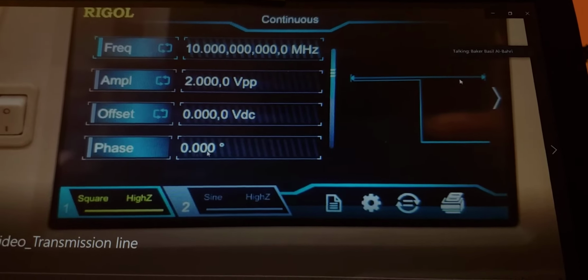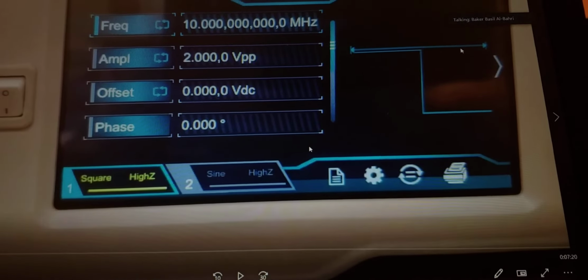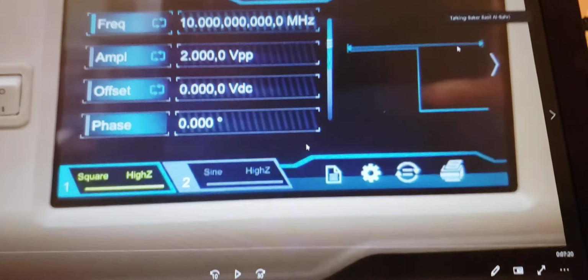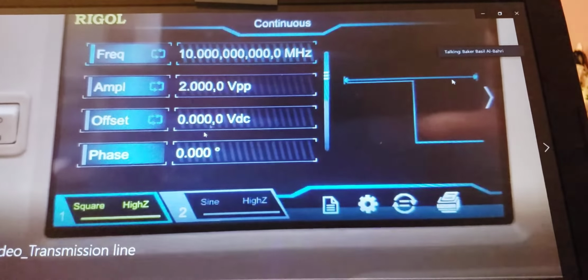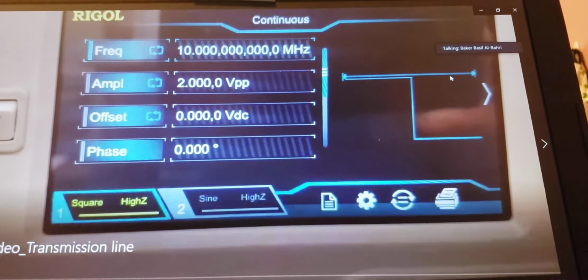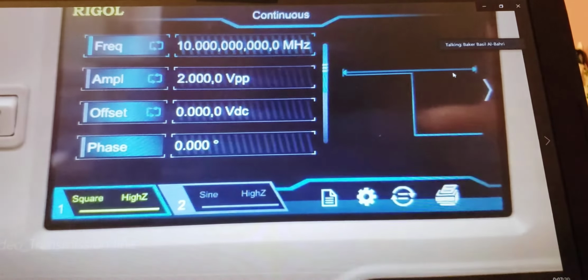We don't need the offset, and you know what offset is? You push the signal up or down, giving a DC level, and the phase you shift left or right. Both are shifting: one up and down, and one left and right. So this is the source, the function generator.